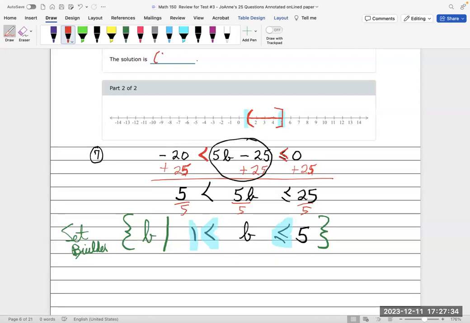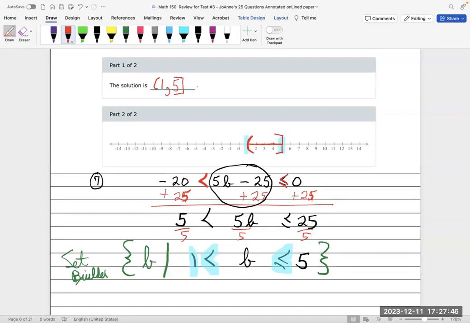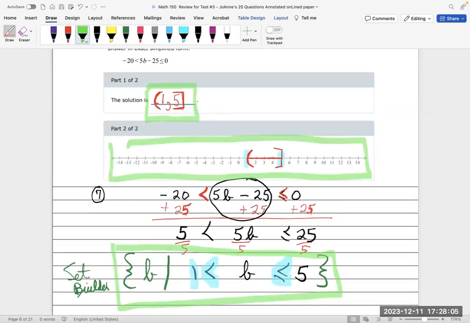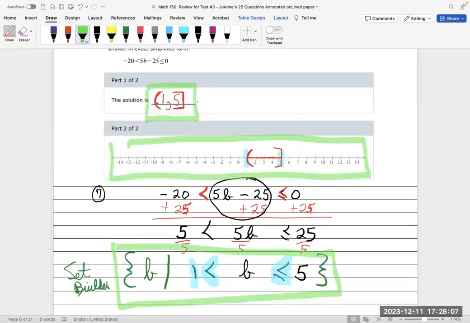My interval notation will be everything bigger than 1, but not equal to 1, and everything less than 5, and it could be equal to 5. So I'll put the bracket to show the endpoint is included for 5, and parenthesis to show the endpoint of 1 is not included. That would be my answer. This would be my set builder, and this is clearly my graph for that original equation, if you want a screenshot.